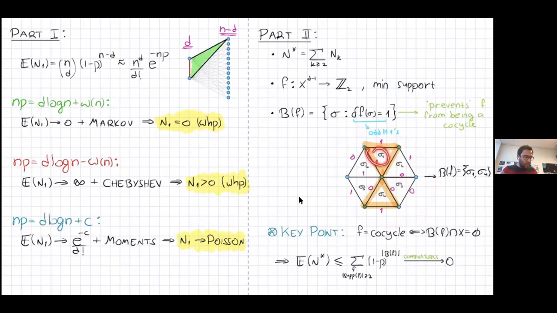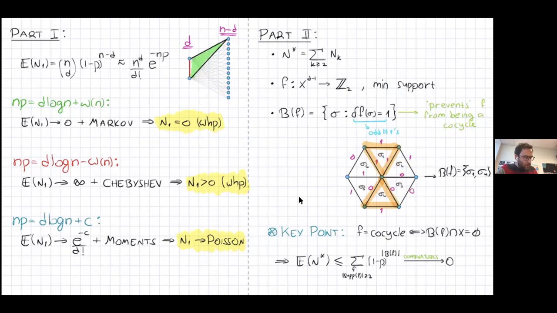So if sigma 1 is going to appear in my complex, it's going to automatically exclude f from being a co-cycle, because I have a simplex where the co-boundary is not 0. I can allow sigma 2 to be in my complex, I can allow sigma 3 to be in my complex, but I cannot allow sigma 1 and sigma 4 to be in my complex, because if I do, then immediately f is not going to be a co-cycle.